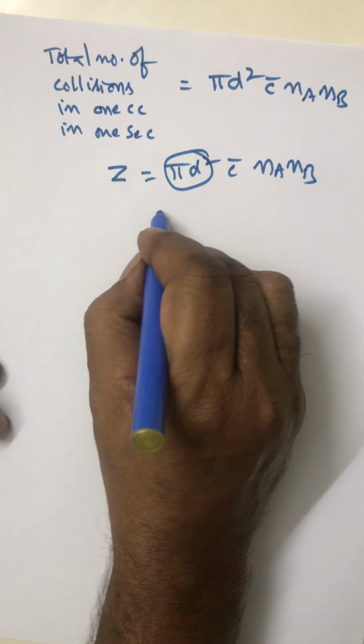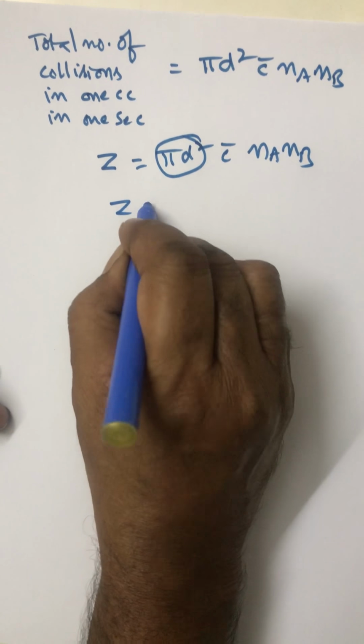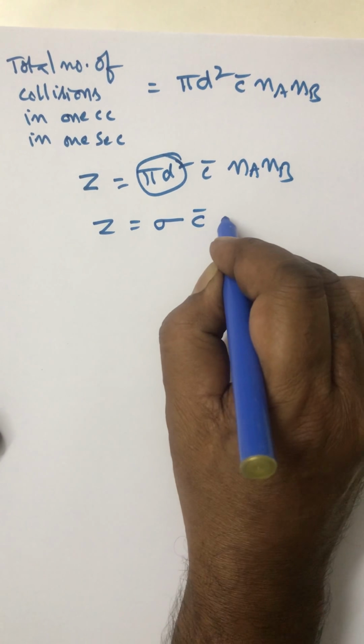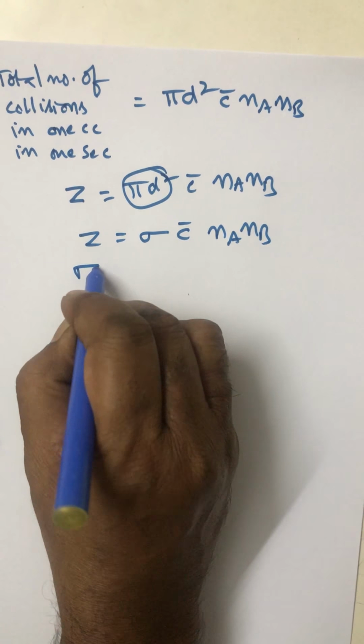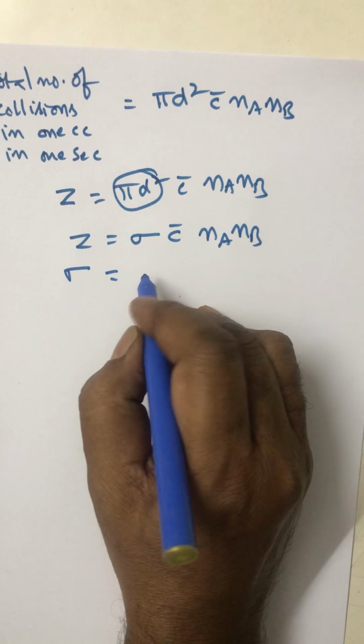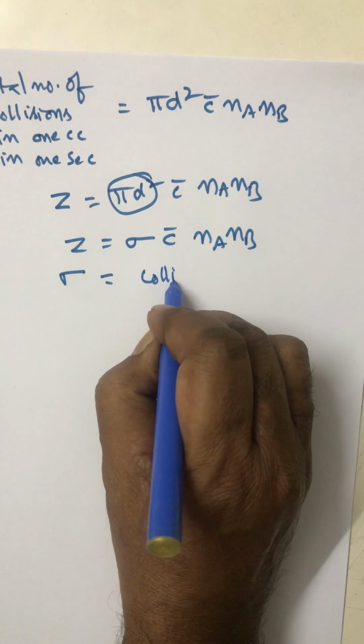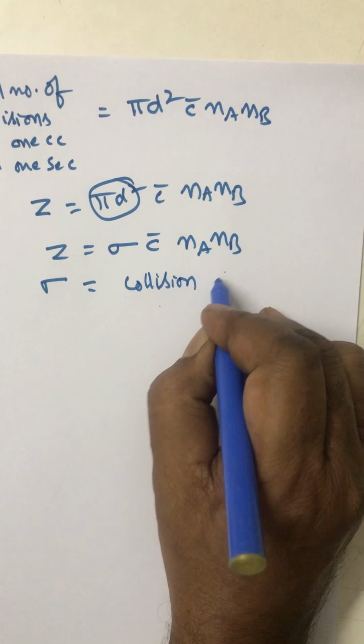This can be written with sigma, which may be described as collision cross section.